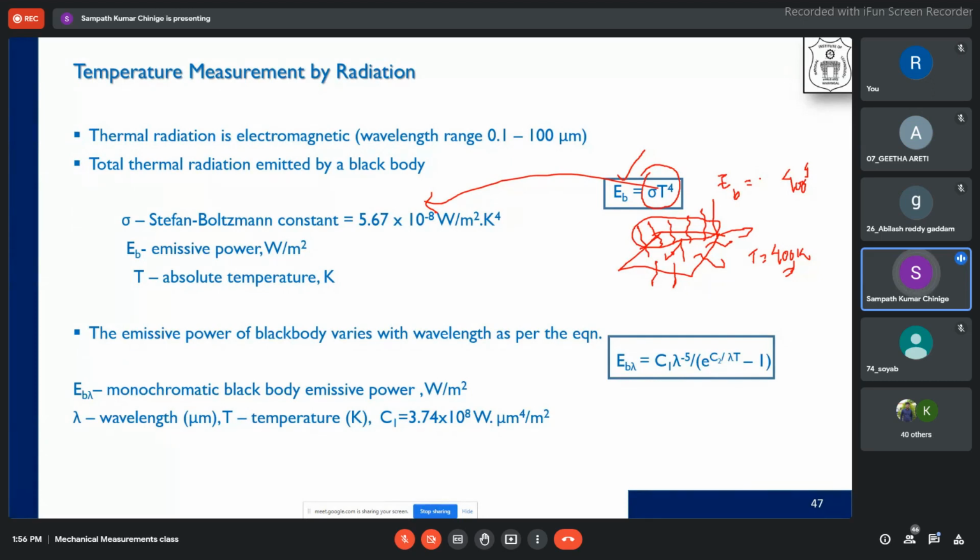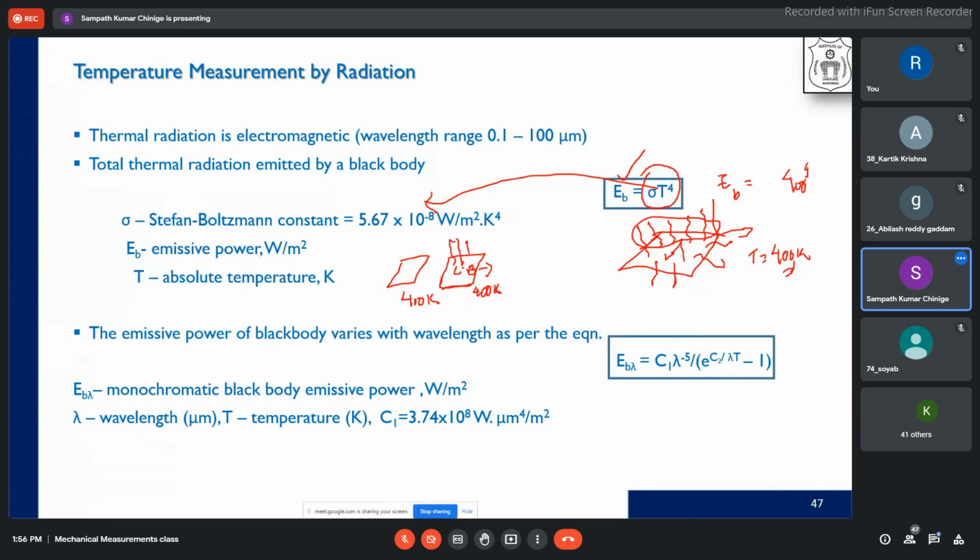Here, the maximum radiation from the surface of a body: suppose there are two bodies, one a normal body, another painted with lamp black, for example. Lamp black is a powder, and when it is coated on top, the body becomes a black body. Even though they are both at the same temperature, 400 Kelvin, the lamp black coated body, which we assume to be a black body, will emit the highest radiation from the surface.